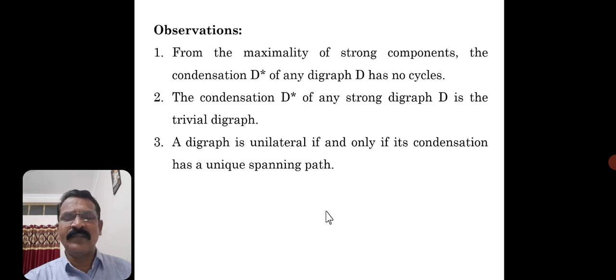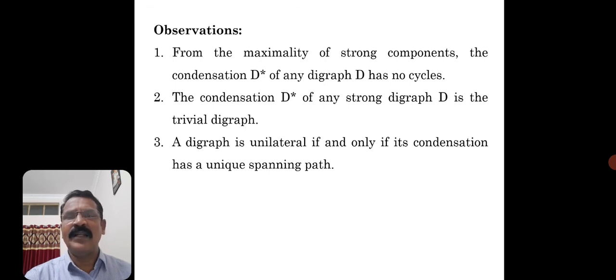Next, what would be the third observation? A digraph is unilateral, unilateral means one way, if and only if its condensation has a unique spanning path. What do you mean by spanning path?